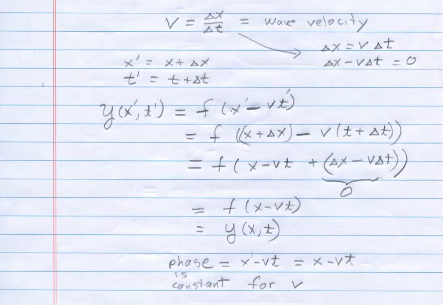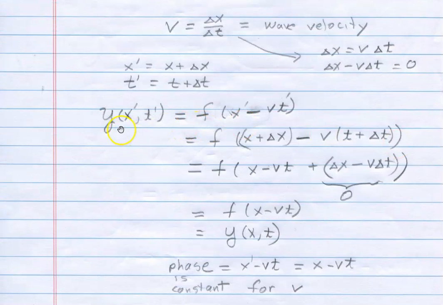Now, if I look at this wave at some later time and at some position x prime, I know from the previous, looking at one that's traveling to the right, it's simply x prime minus v t prime. But x prime is going to be x plus delta x, and t prime is going to be t plus delta t.